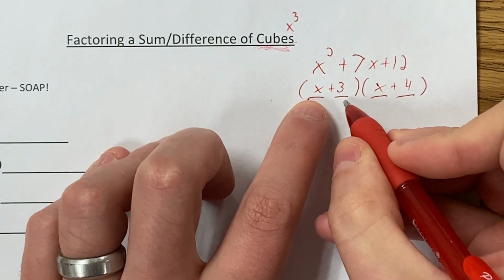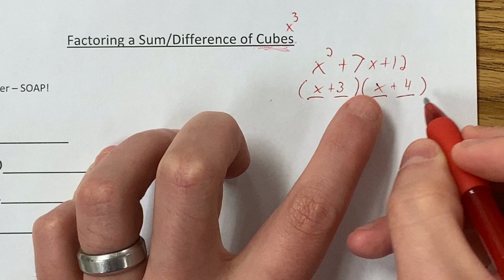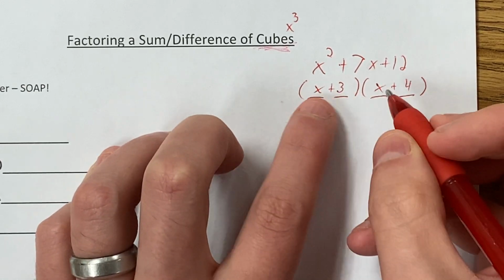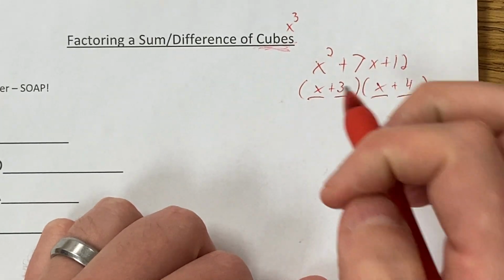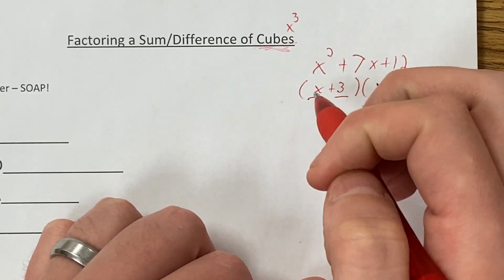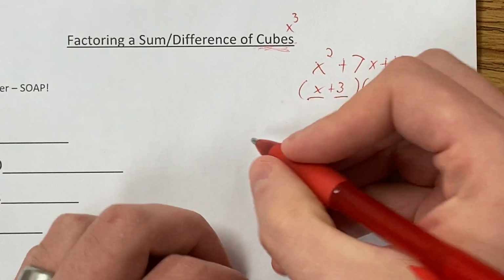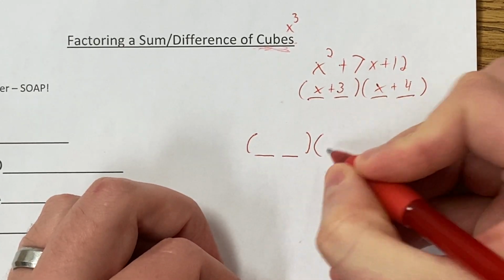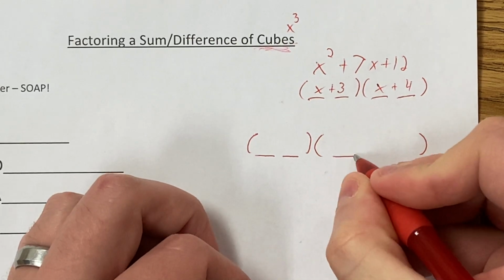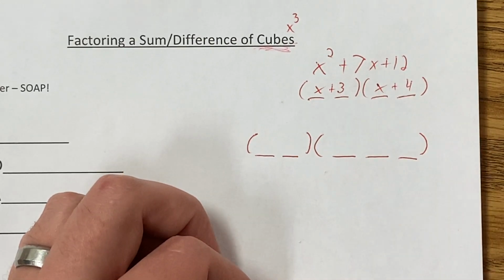It was 2 terms each, they are binomials, and it's 2 sets of parentheses being multiplied. Your answer for sum and difference of cubes is actually going to physically look different. Instead of 2 terms times 2 terms, what you're going to have is 2 terms, but this time it is going to be multiplied with 3 terms on the second parenthesis.